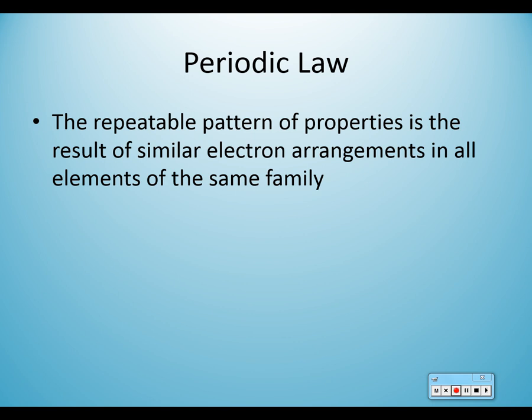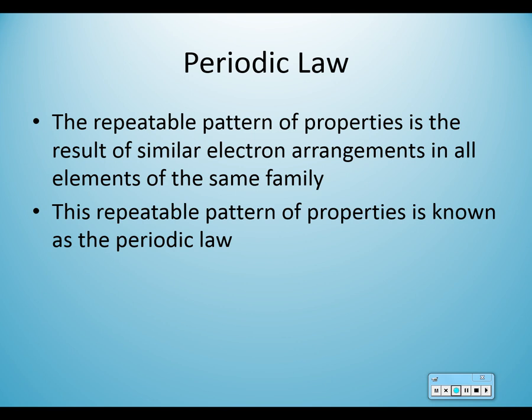Remember, an electron configuration is a representation of how electrons are distributed around the nucleus. They are not the same for every element in the periodic table, but they are similar. They differ only by the principal energy level that those electrons occur in. Okay? This similarity leads to this repeatable pattern that we call periodic law.